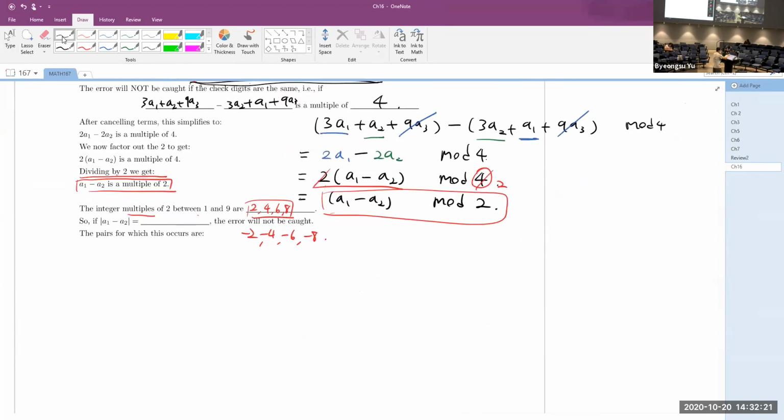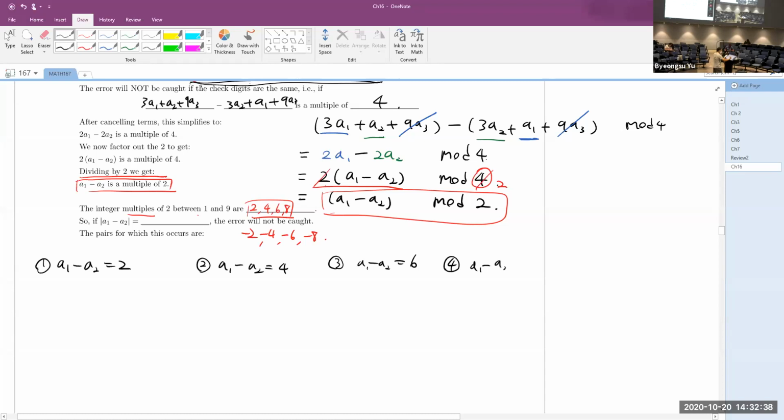You can get those pairs by thinking that A1 minus A2 is 2, A1 minus A2 is 4, A1 minus A2 is 6, A1 minus A2 is 8.